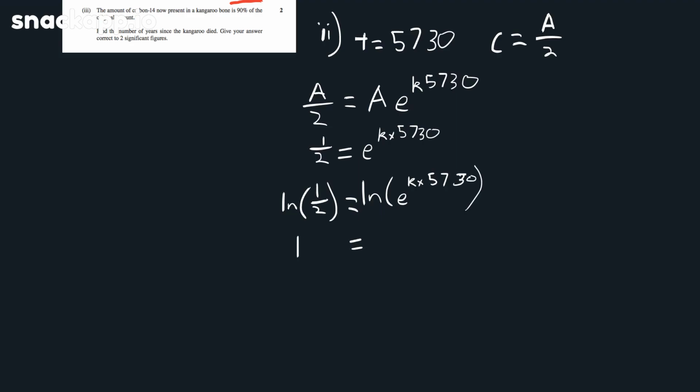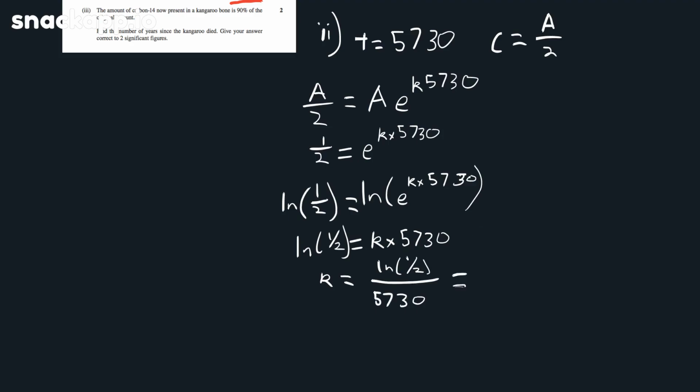So we have log of a half is equal to k times 5,730, and therefore we know k is equal to log of a half divided by 5,730.